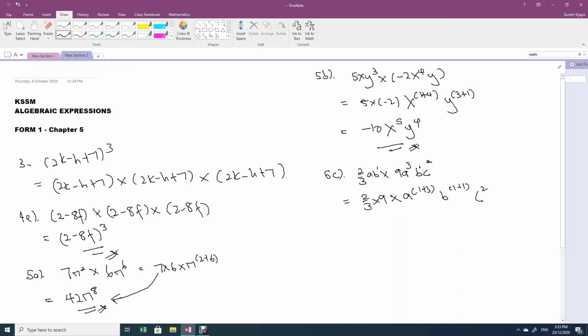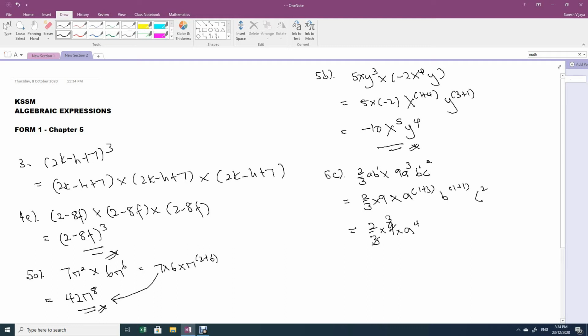So what we do next is we simplify it, yeah. So we will have 2 over 3 times 9, so we cut it off, we have 2 over 2 times 3, yeah.